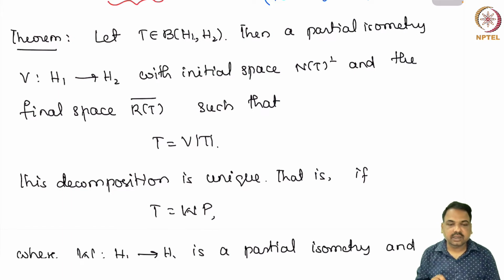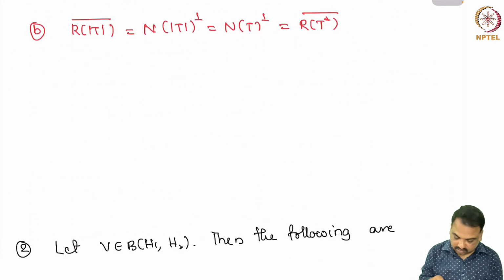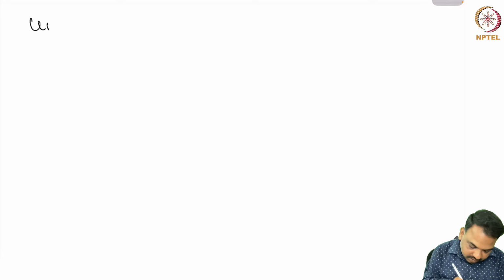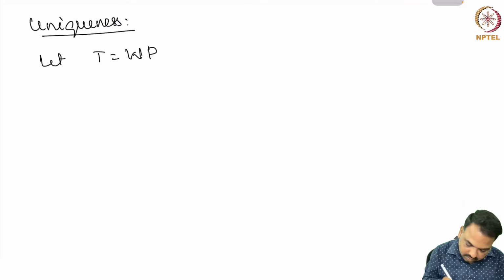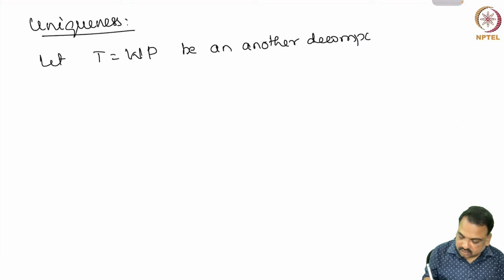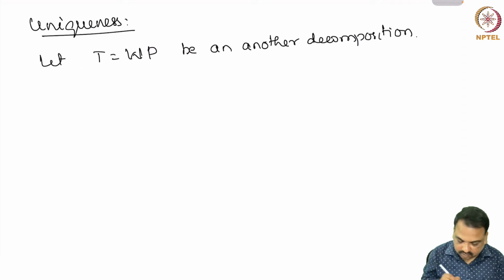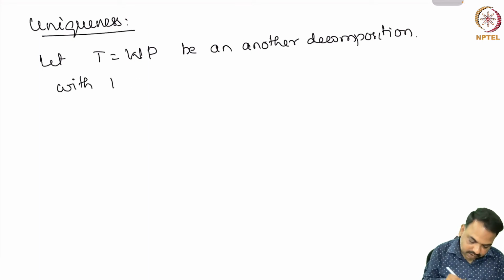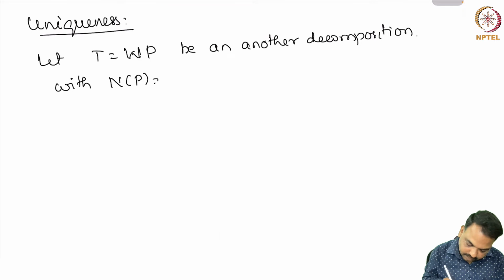Now we want to show that this decomposition is unique. That means, let us say there is one more decomposition. So uniqueness: let T equal to WP be another decomposition. As stated, that means kernel of P, null space of P, and null space of W are same.